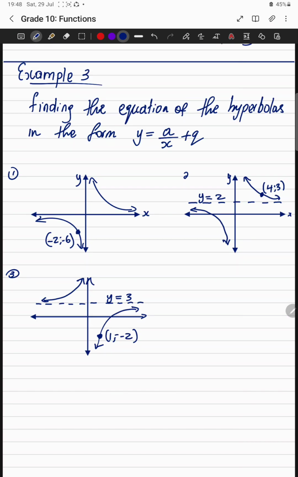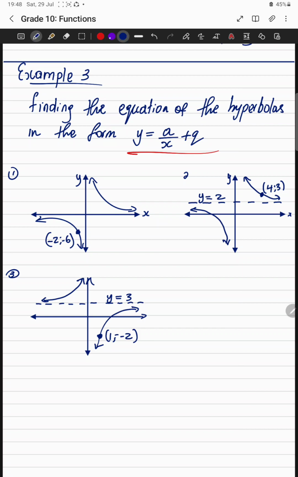Now let's look at example 3, and in example 3 we'll be finding the equation of the hyperbolas in the form y is equal to a over x plus q.